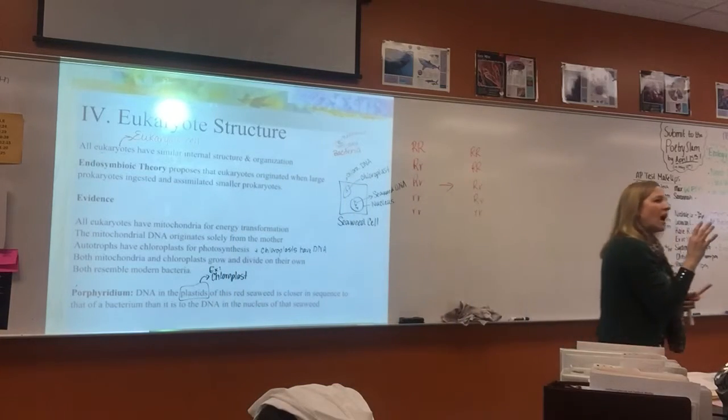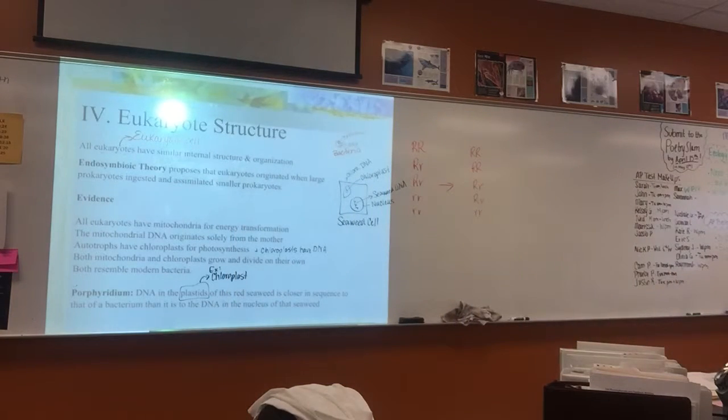Can somebody tell me how that provides evidence for this endosymbiosis theory? It shows that the DNA in the chloroplast of the seaweed isn't actually made by the seaweed, because they don't share the same DNA. It would be some other organism's origin.